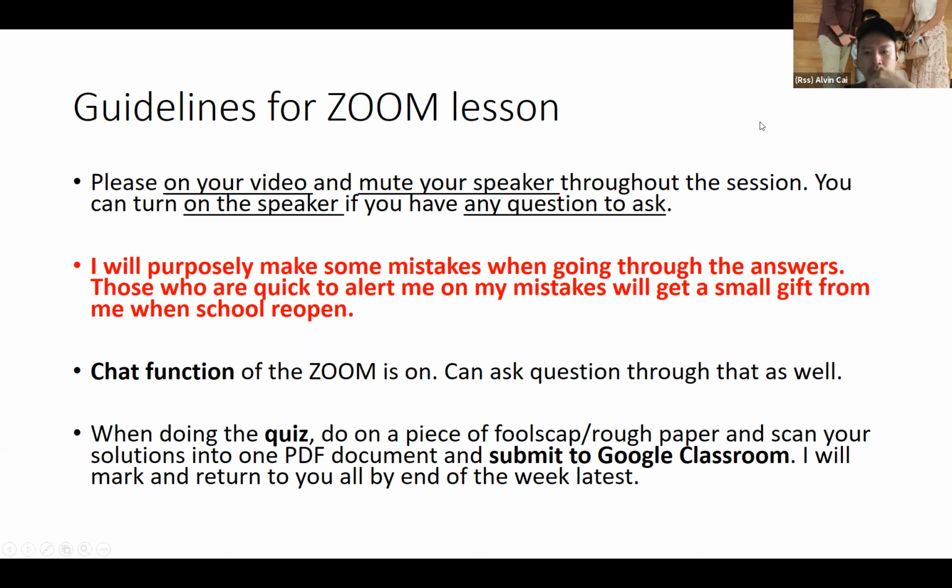Okay, I'll be making some mistakes because I found this is quite useful, even though I didn't do it purposely last time. But I will purposely make some mistakes to see if any of you can capture my mistake. And if you are the first to respond and highlight my mistake, I'll be tracking those students' names.